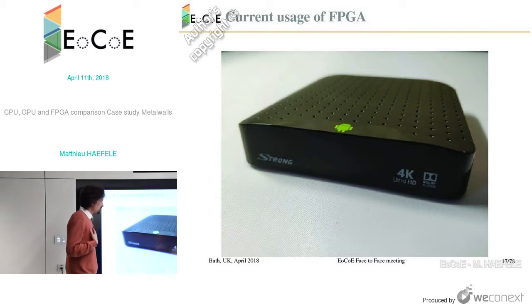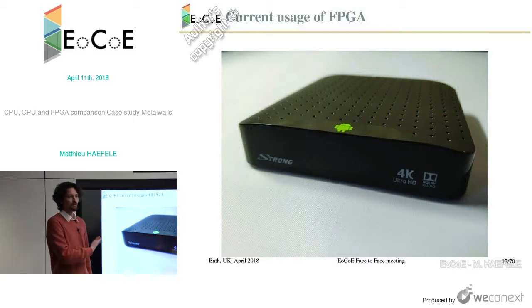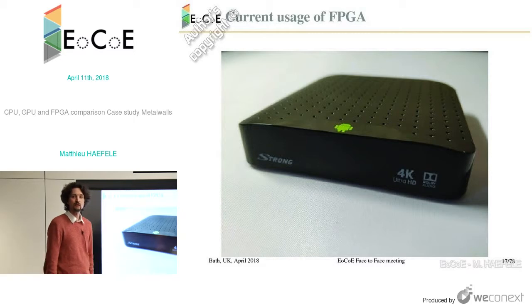I think FPGA is still very exotic today. For now, the current usage of FPGA, for example, is in the little boxes we have under our TVs to decode the videos that are coming compressed from the internet.